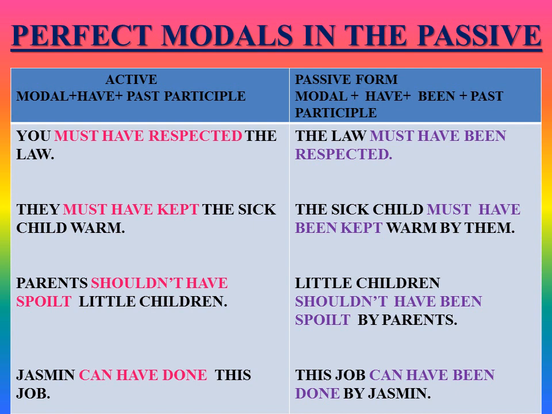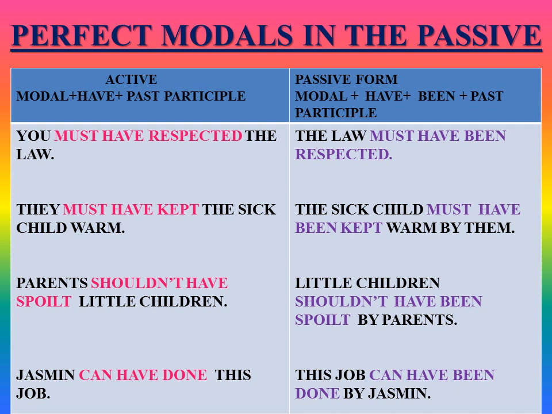Now, in the passive, the law must have been respected. Object plus any modal plus have plus been plus past participle. This is the same form, all right, that you'll apply to all modals. They must have kept the sick child warm.